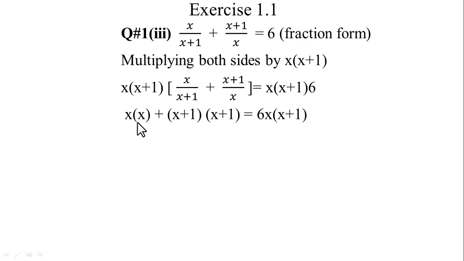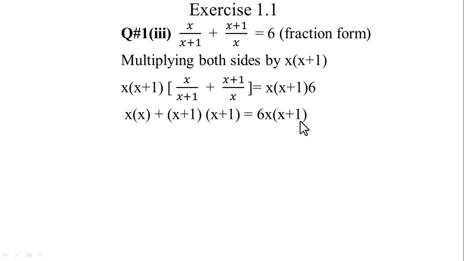When this value multiplies with the second term, x cancels out by x, then x plus 1 multiplied by x plus 1 is equal to 6x into x plus 1.